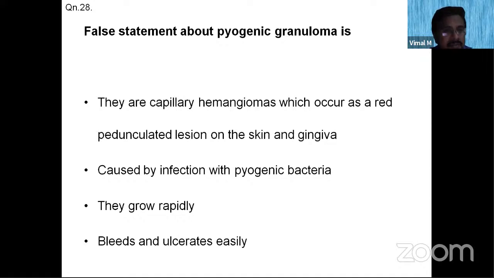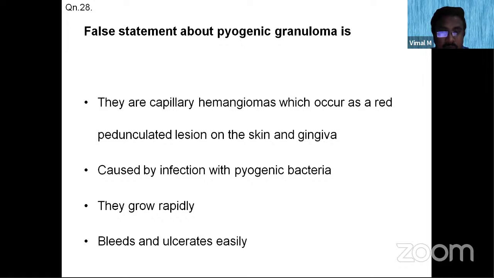Now let us solve this question. The false statement about pyogenic granuloma: they are capillary hemangiomas which occur as a red pedunculated lesion on the skin and gingiva; they are caused by infection with pyogenic bacteria; they grow rapidly, bleed and ulcerate easily.